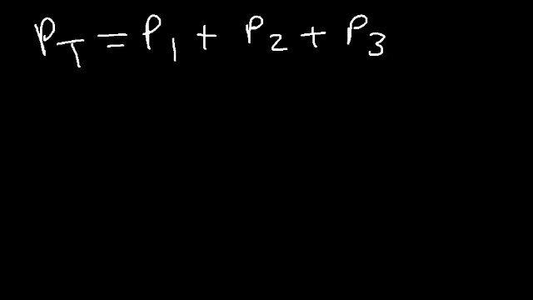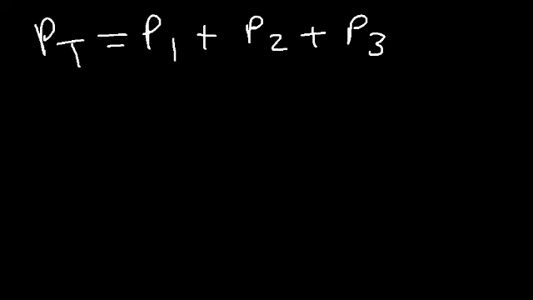Now the next thing we need to discuss is Dalton's law of partial pressures. So his law states that the total pressure of a gas is equal to the sum of the partial pressures. So P1 plus P2 plus P3.